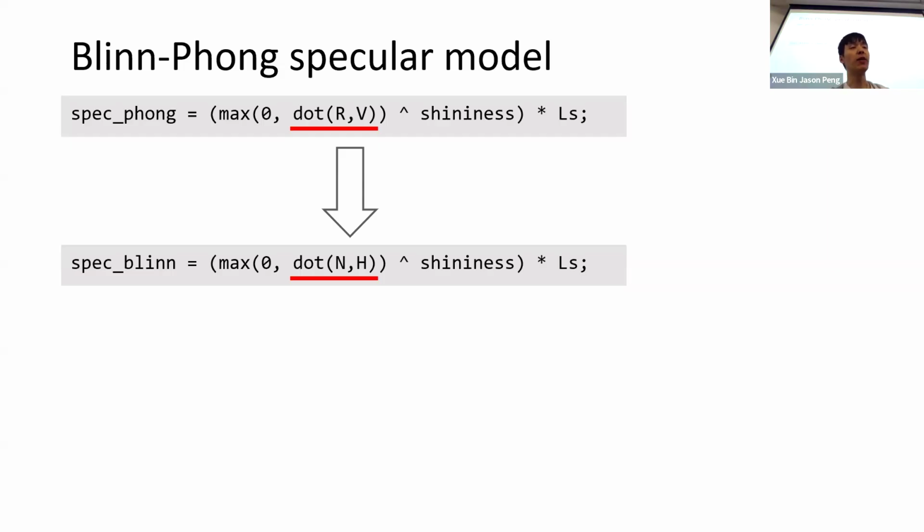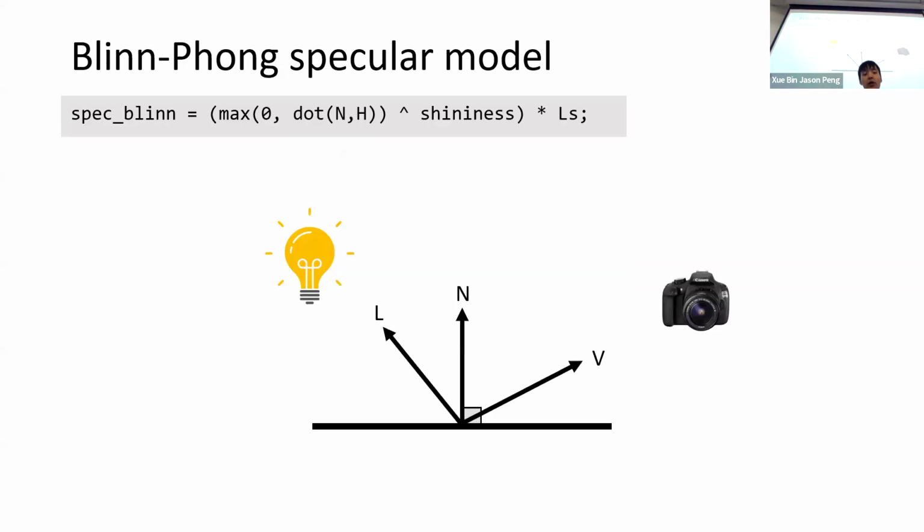But in the case of the Blinn-Phong model, this dot product is replaced with a dot product between the normal vector and this new half vector h. So to illustrate how this Blinn-Phong model works, let's say we have a configuration of the scene that looks like this. We calculate our reflection vector by reflecting the light vector along the normal direction.